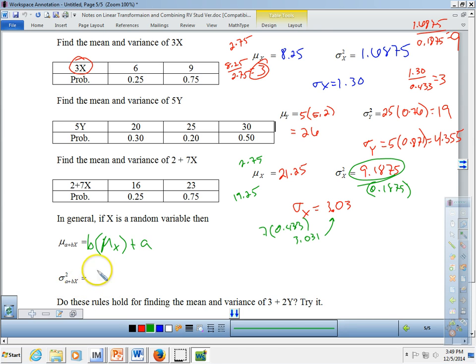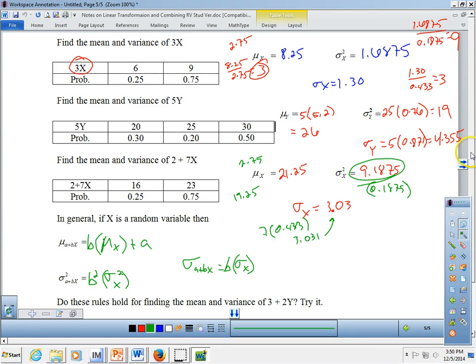For variance, I take my old variance and multiply it not by b, but by b squared, again because it's the standard deviation squared. And therefore, to find my new standard deviation, I take my original standard deviation and simply multiply it by b. You don't have to worry about adding the a to it. It's the same rules as before. Not a big deal.